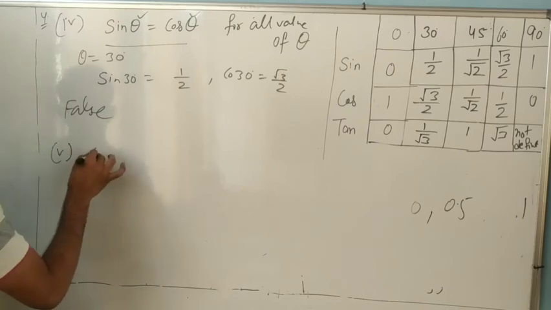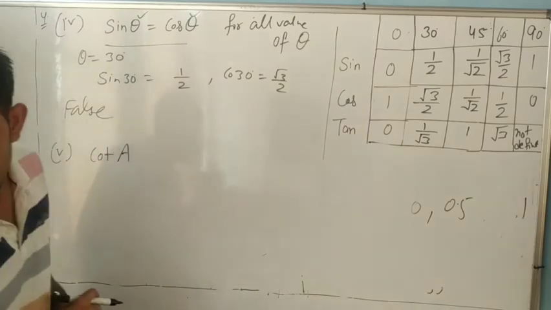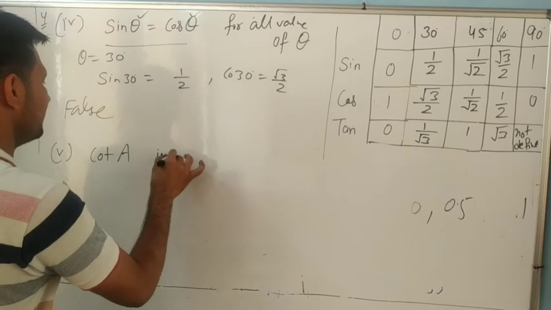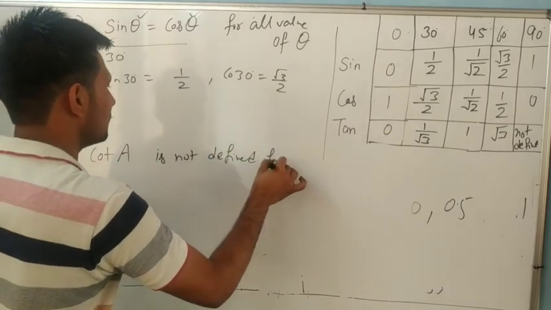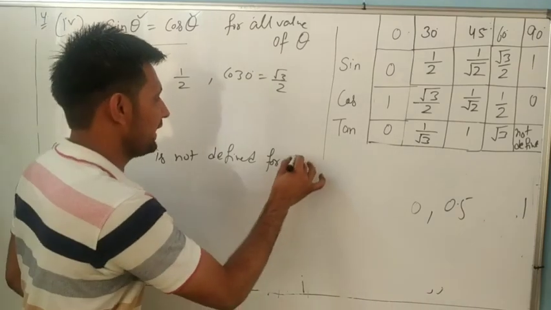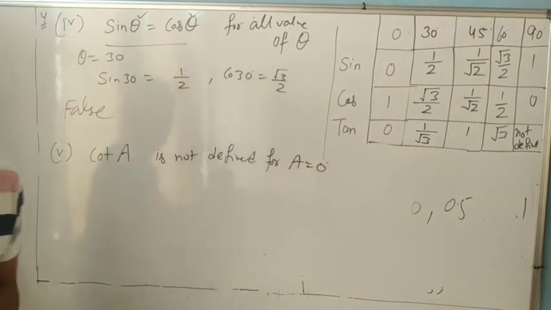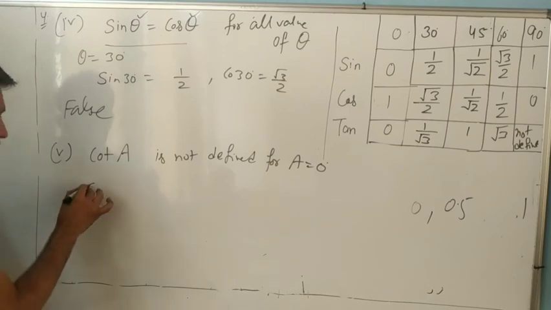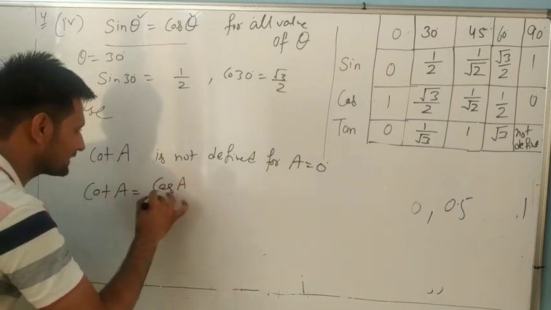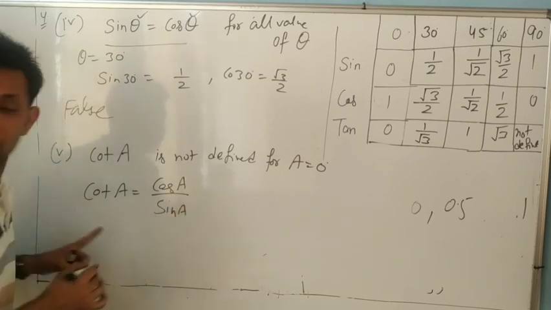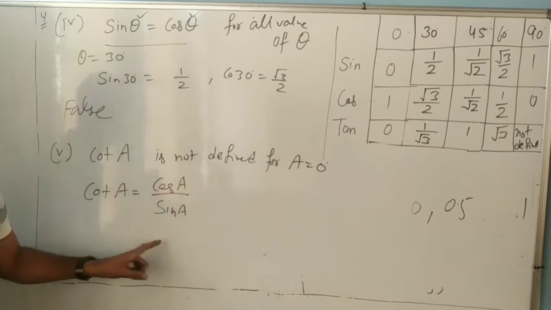Cot A is not defined for A equal to 0 degrees. Check it. Cot means cos A by sin A. I told you cot is cos by sin.